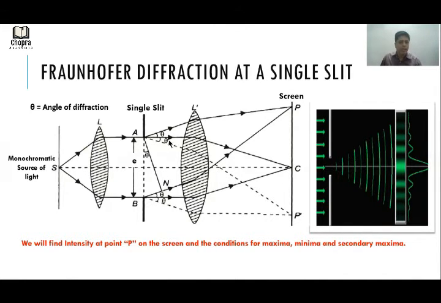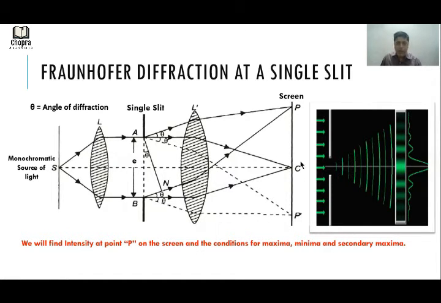Now the same diagram, if you see carefully, this is the monochromatic source of light. This is the setup of the Fraunhofer diffraction at a single slit. We have a convex lens here, and then the beam is made parallel, and the slit is AB. It has the slit width small e, and the beam gets diffracted here and then again converged using a convex lens.